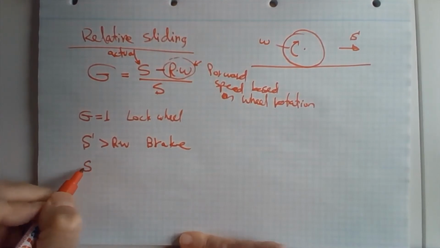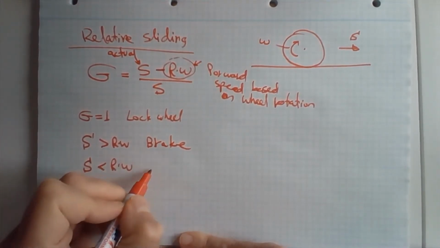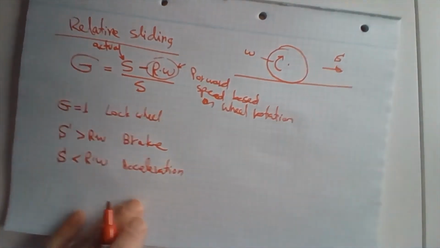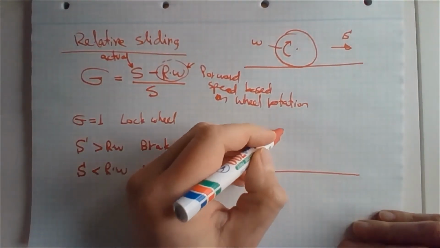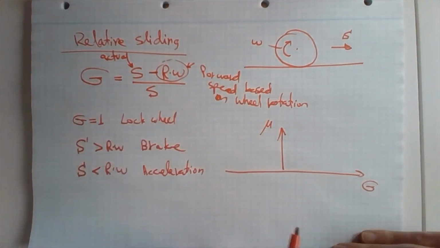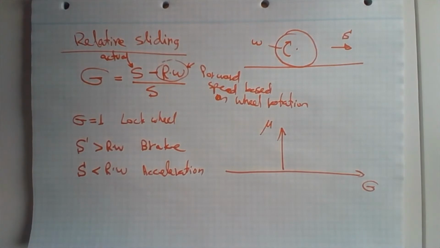And whenever we have S smaller than R omega, then we are accelerating. And the chart that is shown also in the slide is G versus mu, where mu is the friction between the tire and the pavement surface.